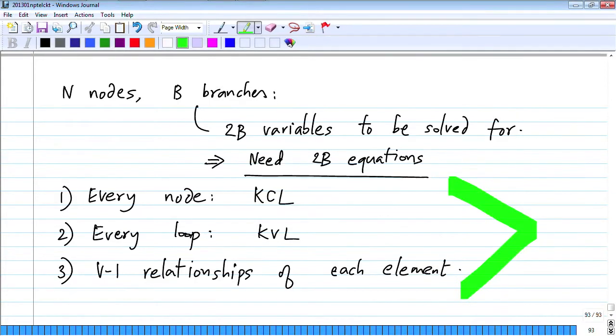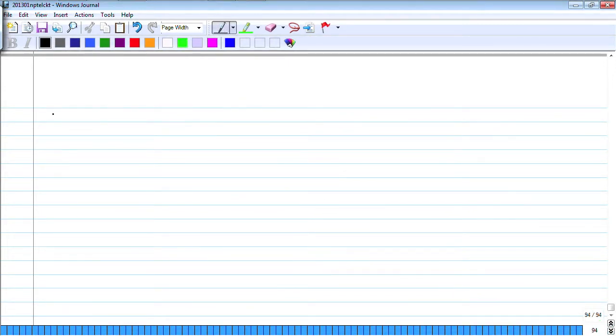I hope this is clear so far. Now let's go through these things one by one. As all of you know, to solve for 2b variables, we need to have 2b independent equations.